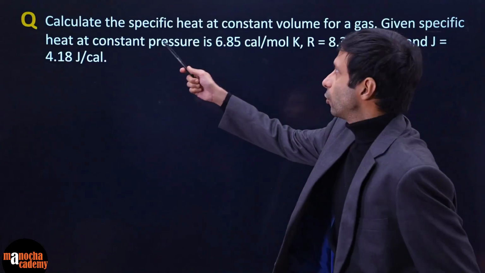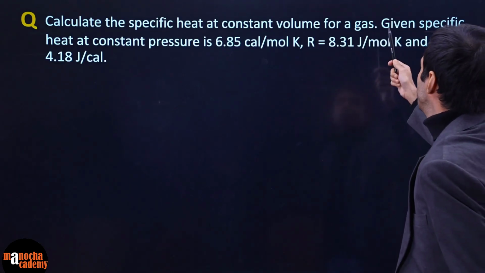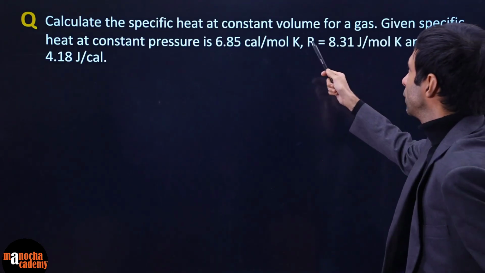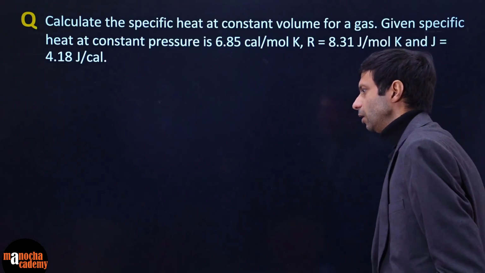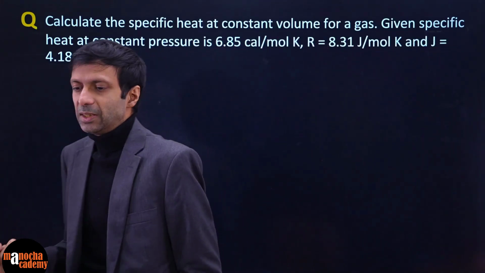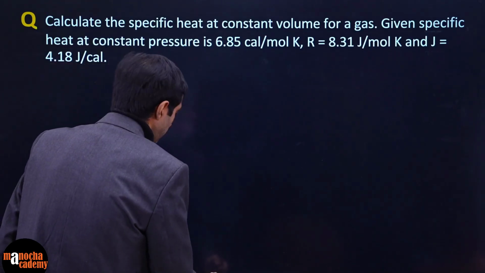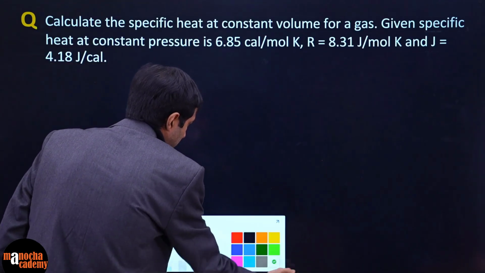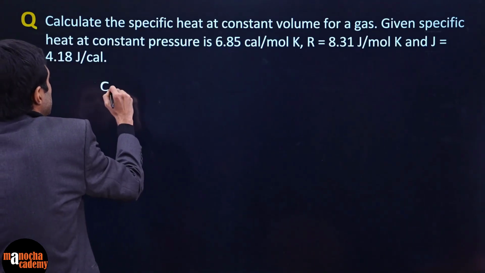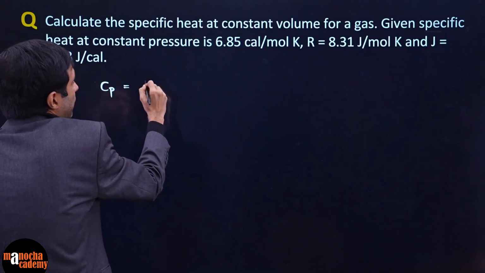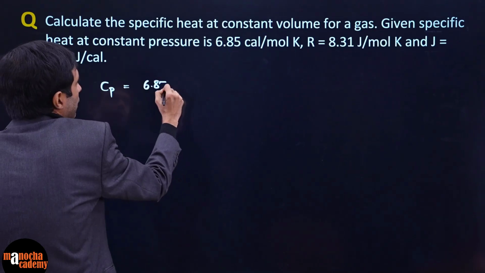Let's look at a question. Calculate the specific heat at constant volume for a gas. The specific heat at constant pressure is given to you, R is given to you. So this is a simple question. Use the correct notation: Cp is 6.85 calories per mole Kelvin.